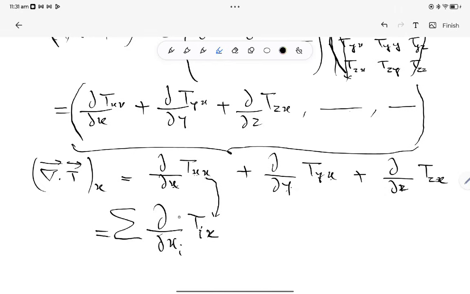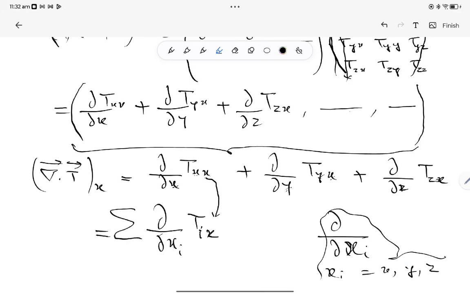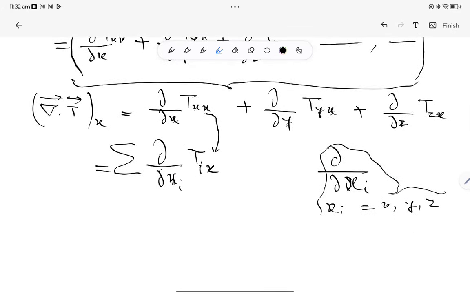This means simply it is del by del x, that is this, Txx. Then del by del y is Tyx. Del by del z, we don't usually write del by del i. We don't write like that. We usually write xi, where xi has the value x, y, z. Or better, there is another way you can write it, Einstein's way, that is, you need not write this at all.